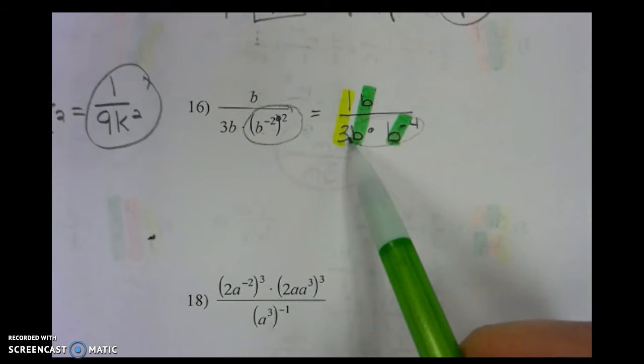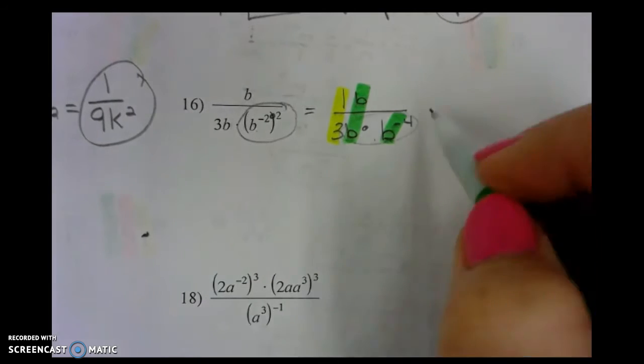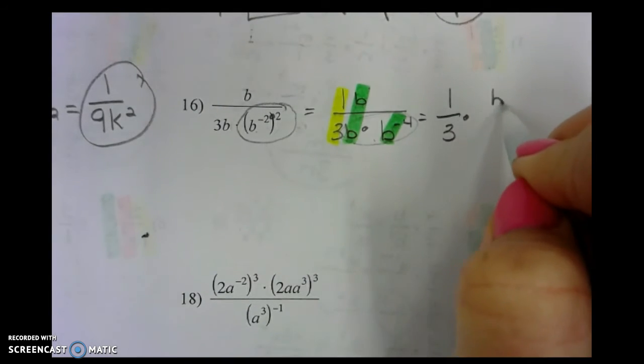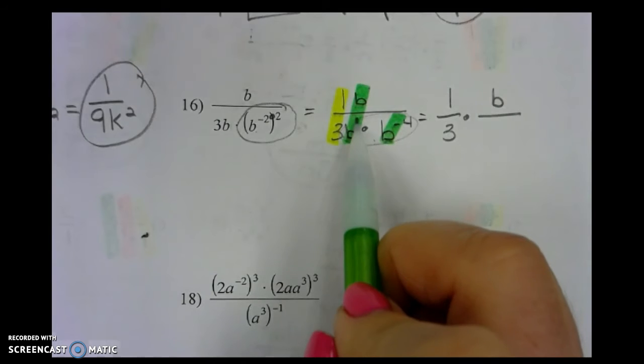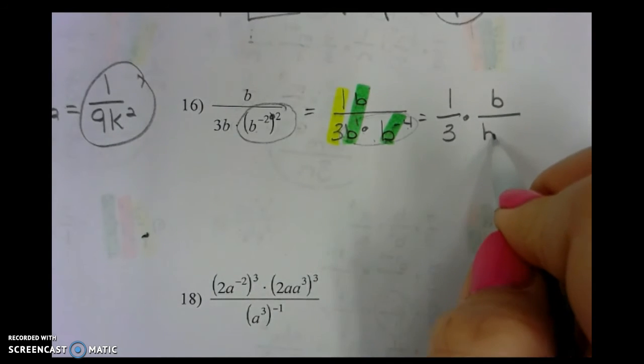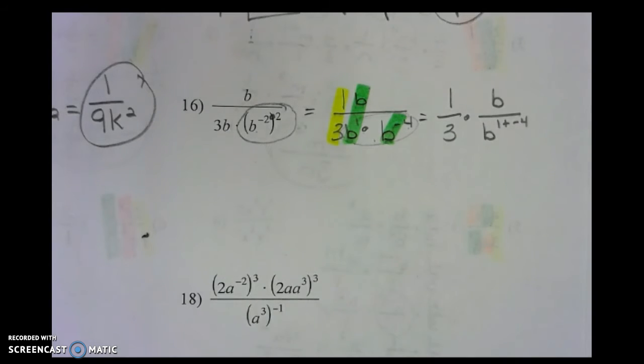Doesn't matter which one you do. What I typically do is if I have 2 on one side of the fraction, I combine those first. So the first thing would be 1 over 3, and then I'll keep the b up top, and then I've got b to the 1 times b to the negative 4, which becomes b to the 1 plus negative 4.